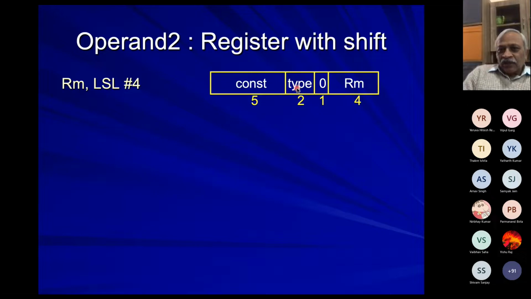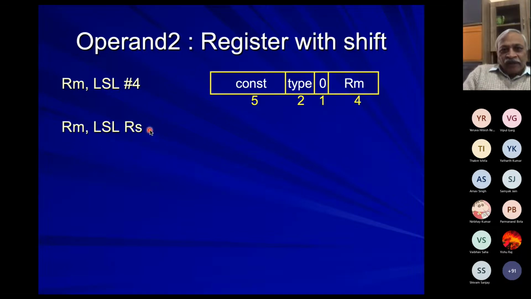So whether it is LSL, rotation or arithmetic shift, one of those 4 could be specified in these 2 bits. And a 5-bit constant is sitting here. In this example, we are specifying this constant as number 4, so you are trying to shift it left by 4 bits. And we are left with 1 bit here: 5 plus 2 plus 4 is 11, and the 12th bit is kept 0.